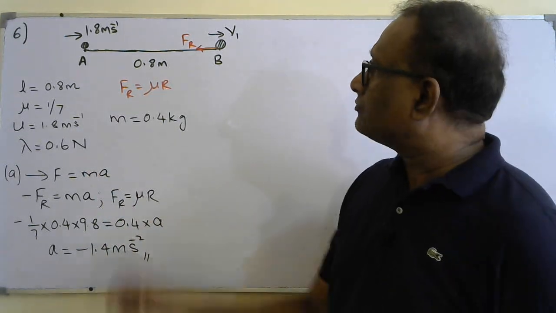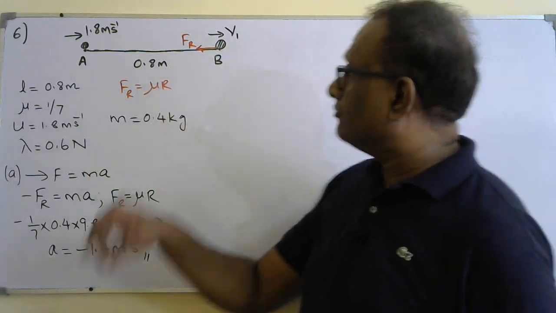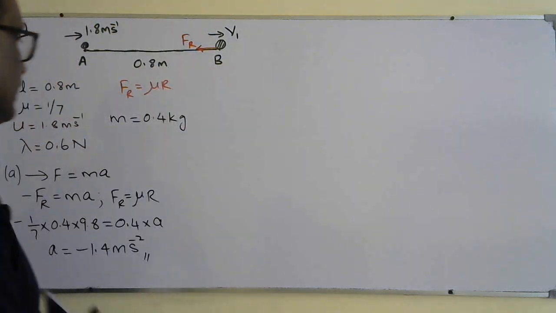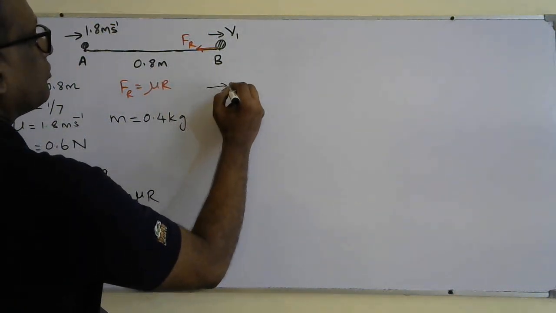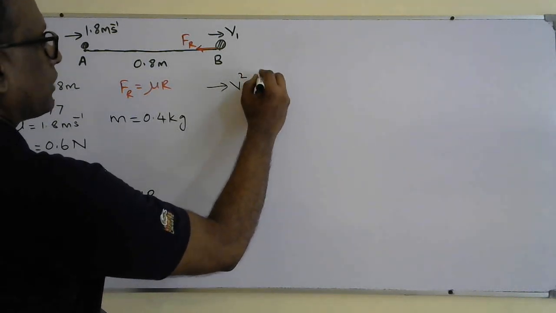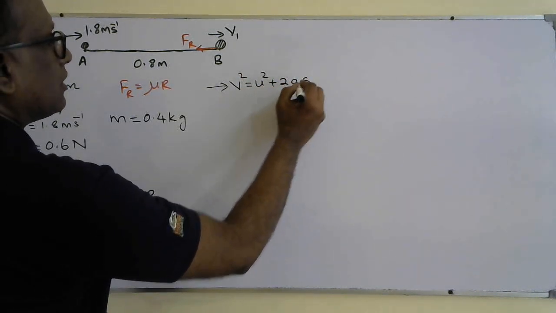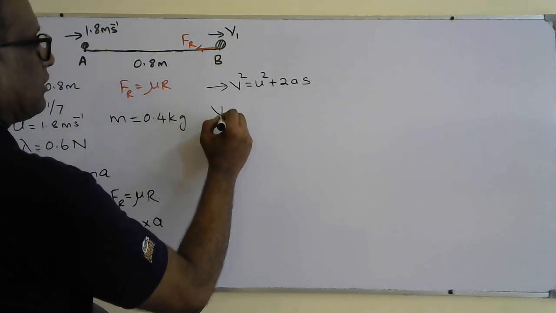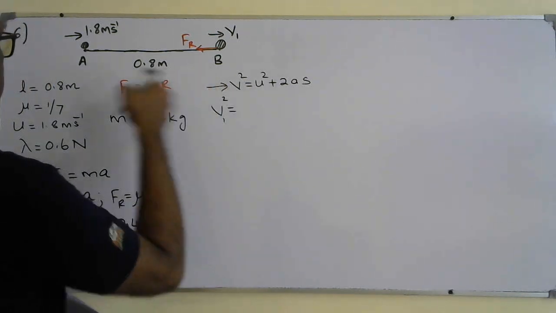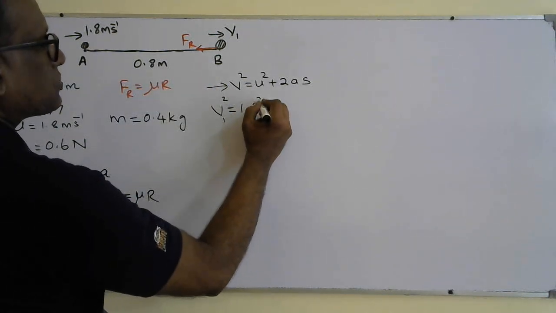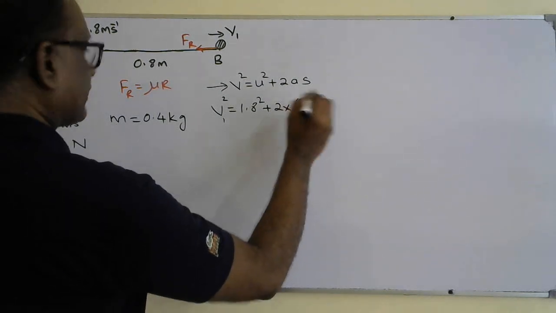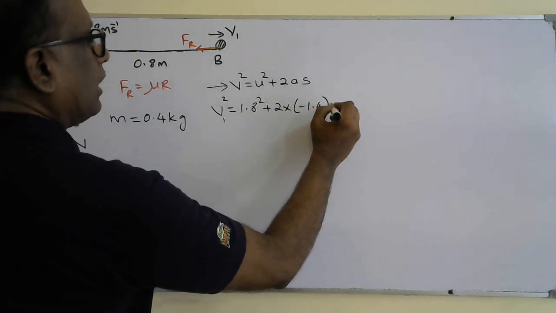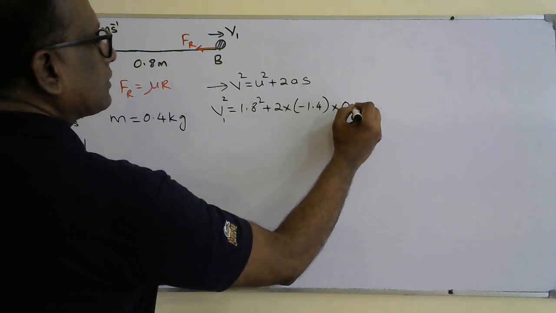The part they asked to find is the speed at B, that is V1. I can use equations of motion for the motion from A to B. V squared equals U squared plus 2aS. I need to find V squared, that I named V1 squared, equals U squared, the initial speed 1.8 squared, plus 2 into the acceleration, which is negative because it's a deceleration, minus 1.4, times S, which is 0.8.